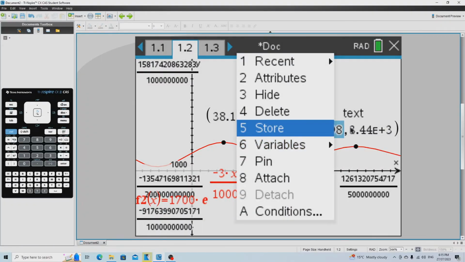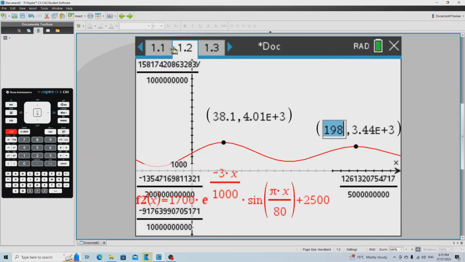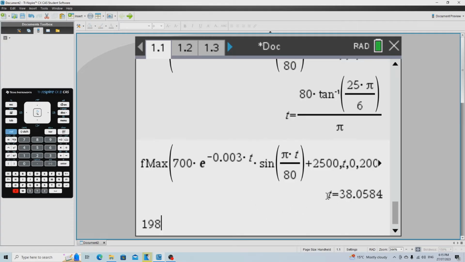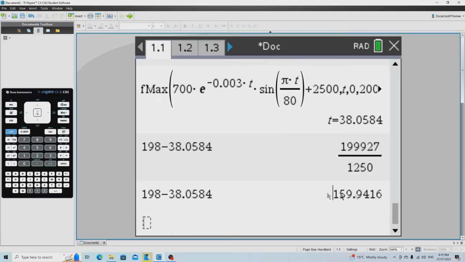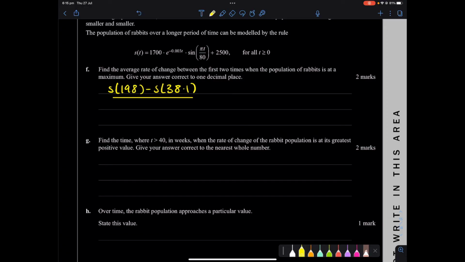So this value over here, Control C this, minus this value over here. Is that right? I'm just going with 38.1, corrected to one decimal place.